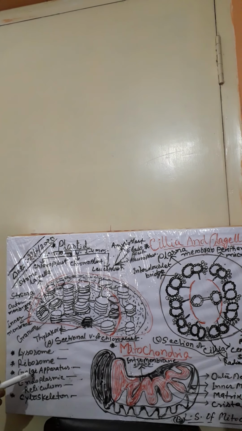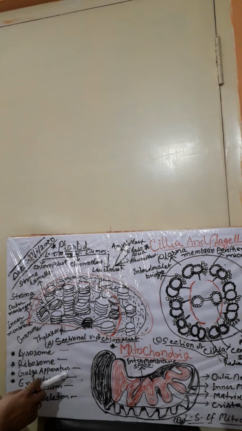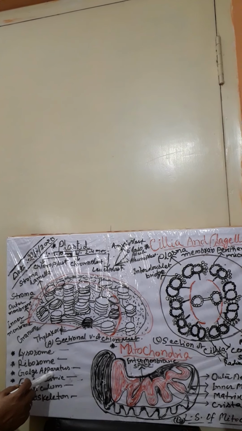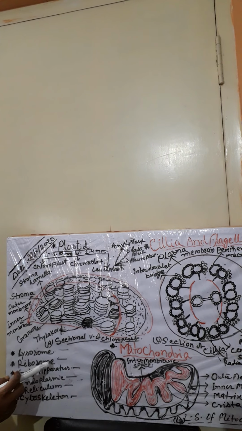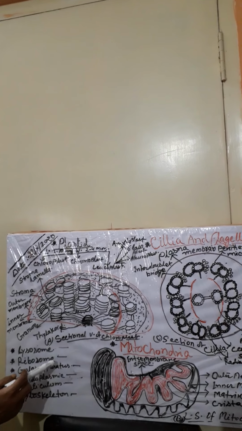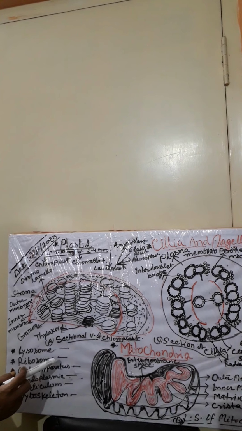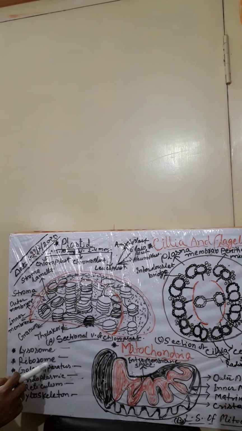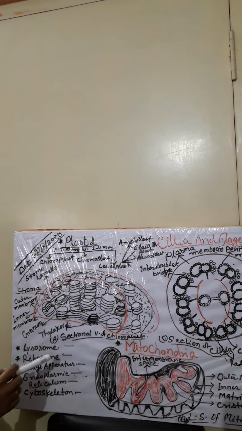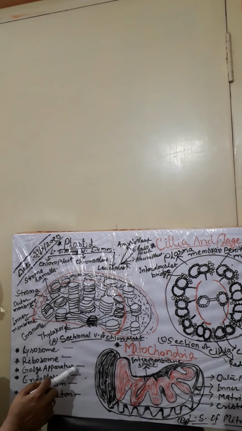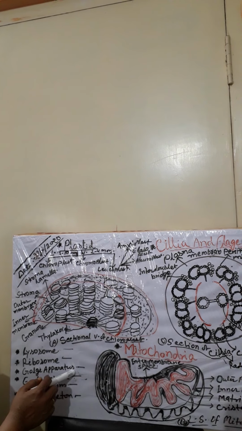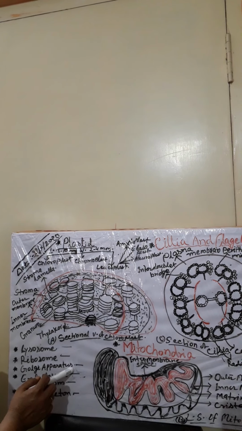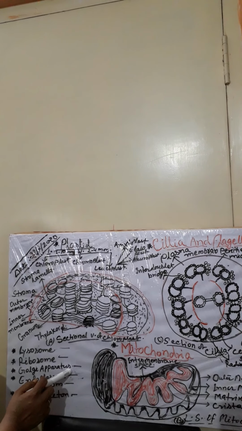Next, the cell organelle is known as the Golgi apparatus. It is clear from the name, apparatus. Camillo Golgi, in 1898, first observed densely stained reticular structures near the nucleus.